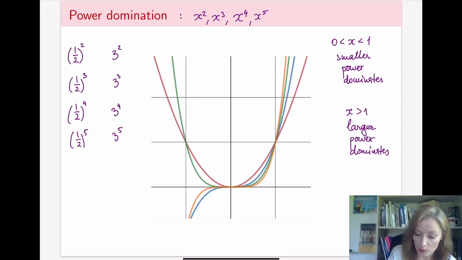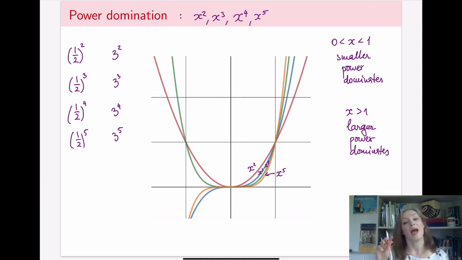So if I want to label them here, it's going to be x squared, x cubed, x to the 4th, and this guy is x to the 5th. Whereas after the point of intersection that we sometimes call the switch, the situation is going to reverse completely. So now the highest power is going to be physically the highest y coordinate.